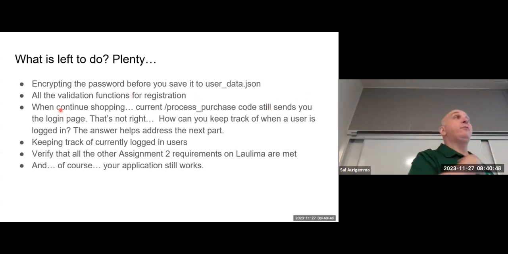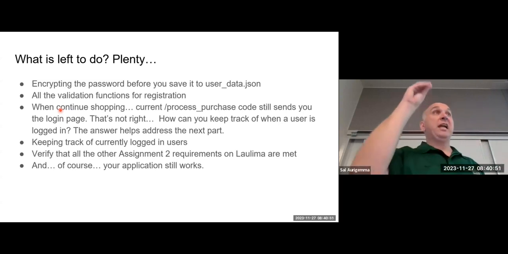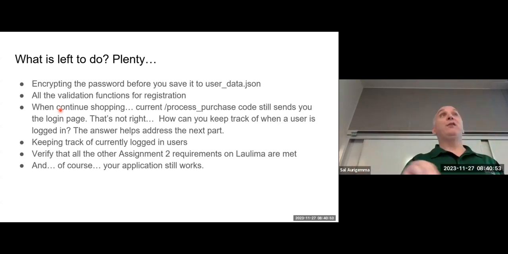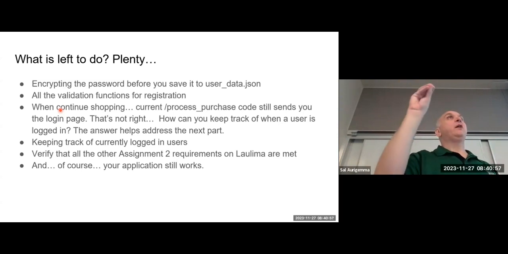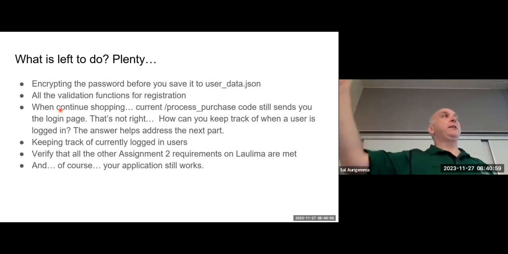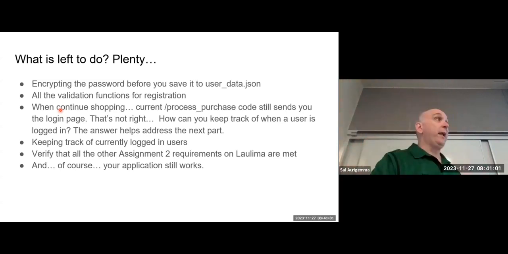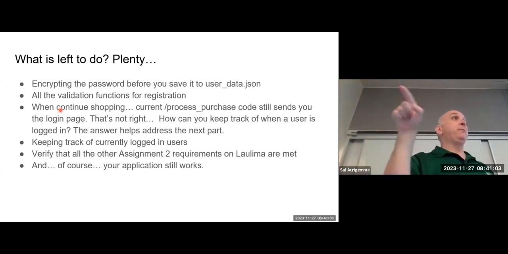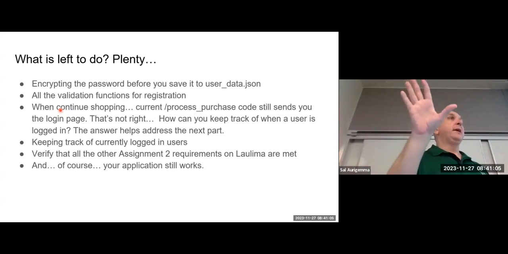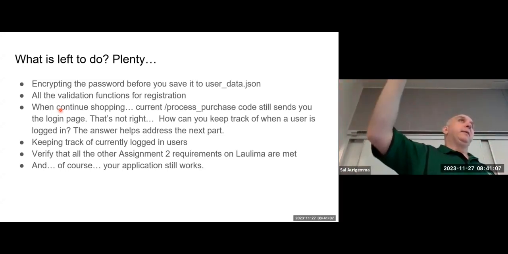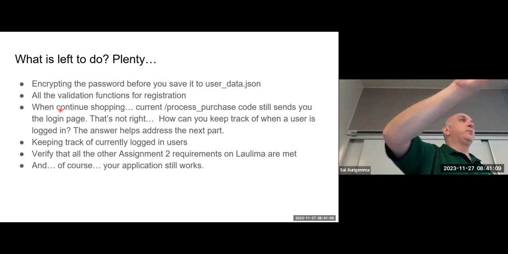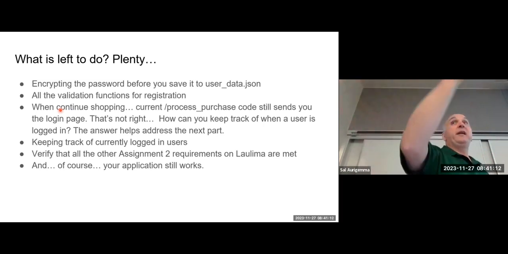Now, the way I have it right now, and this is kind of key for how you solve a lot of the tracking of users logged in, let's say you click the continue shopping button, and I'll walk through the app real quick in a second. It brings you back to the products page, it's sticky.